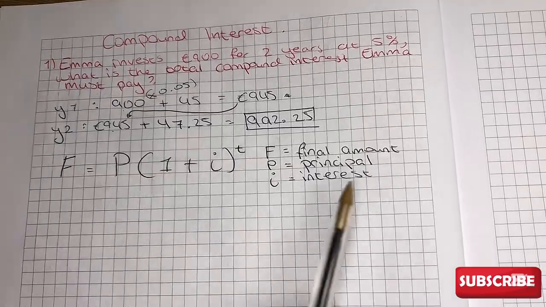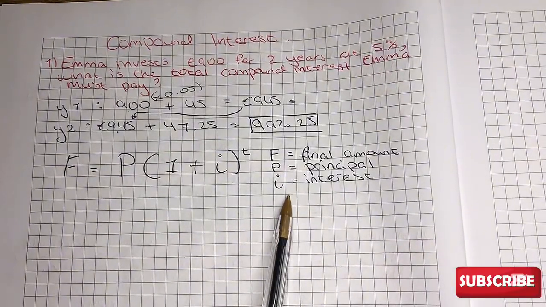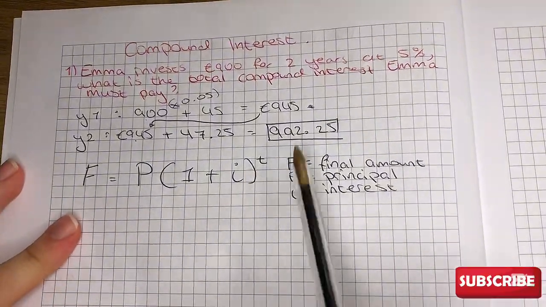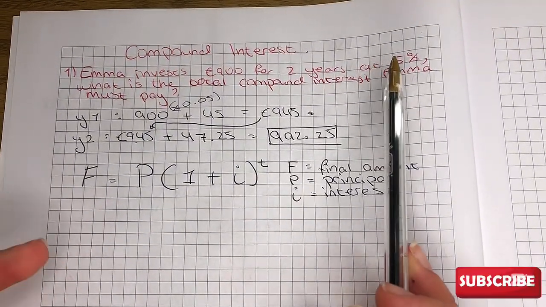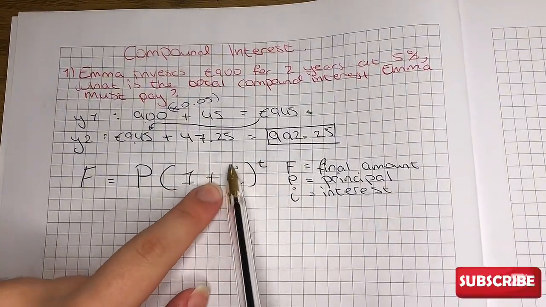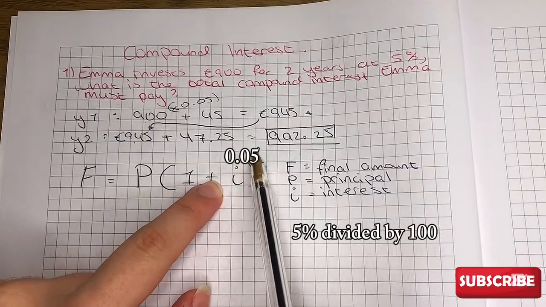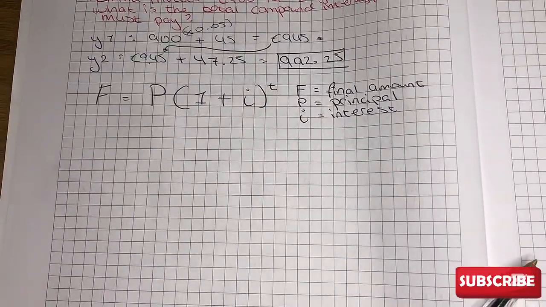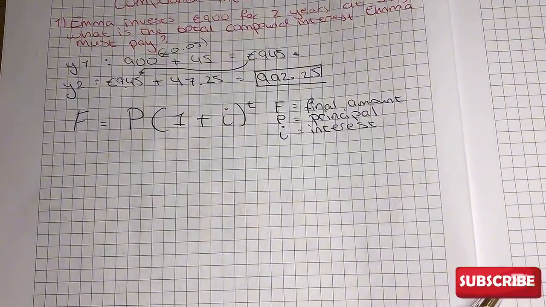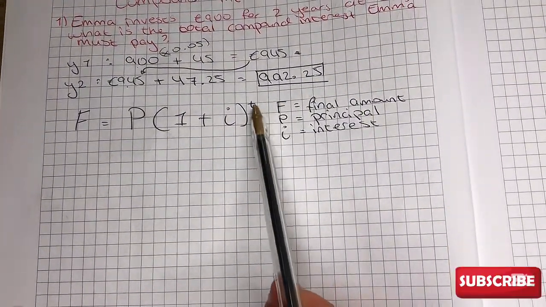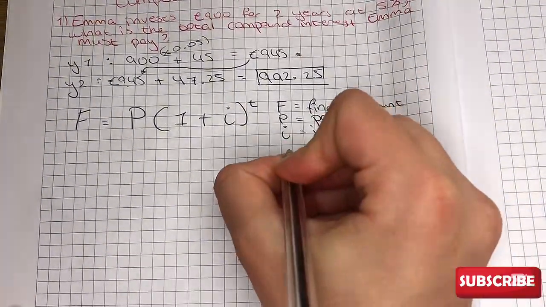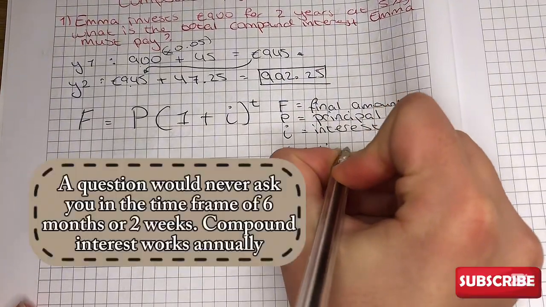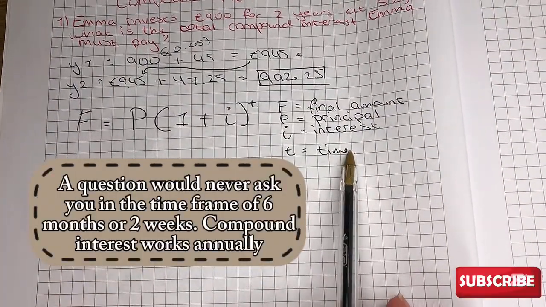Highlight this: the I is always in decimal form. With the last question, this was 5%, that's the interest rate. In this case, you would put it as 0.05, you wouldn't put it as 5%. Always in decimal form. Lastly, the T, that is raised to the power, T stands for time. This would usually be in years, so it would be annually.